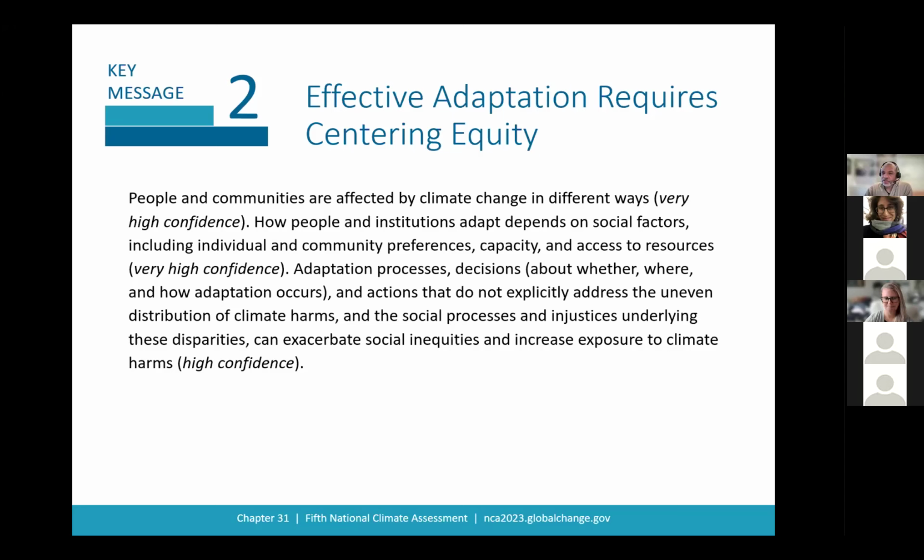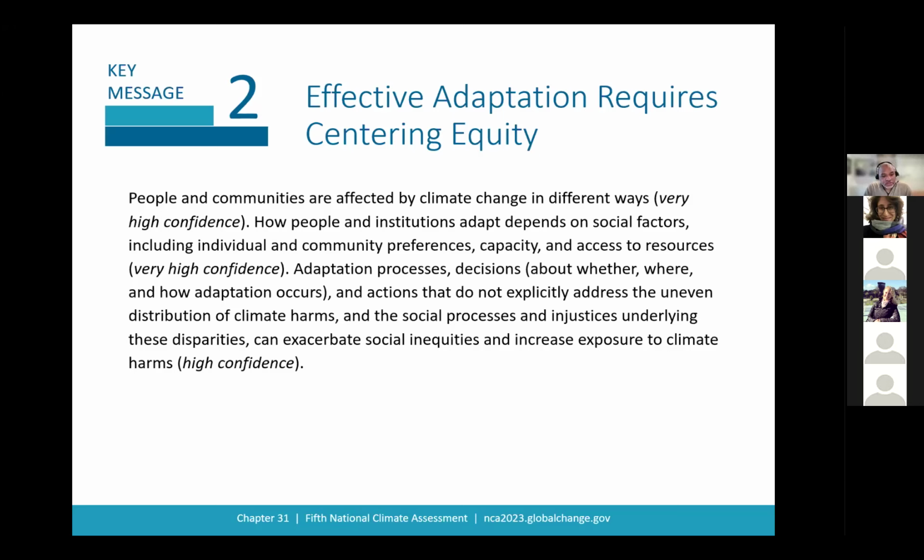Thank you, Emily. So key message 2 is about centering equity. And as you can see from the slide, we settled on 3 components that encapsulate our key message. The first of these is that people and communities are affected by climate change in very different ways. So there's ample evidence that higher percentages of Native American, Hispanic, Asian and Pacific Islander and Black populations live in places that are prone to extremes of wildfire, heat, and floods.